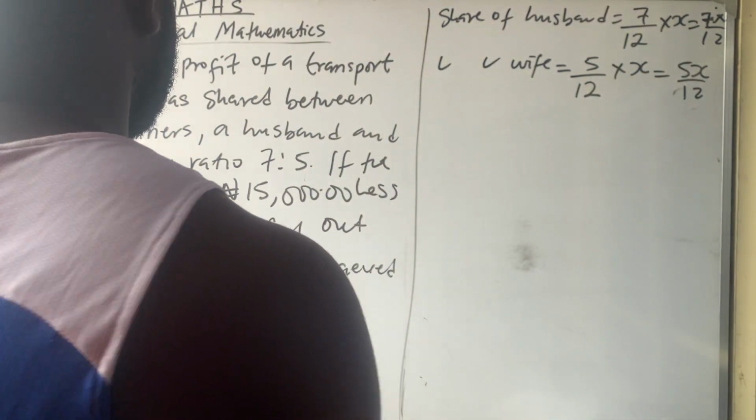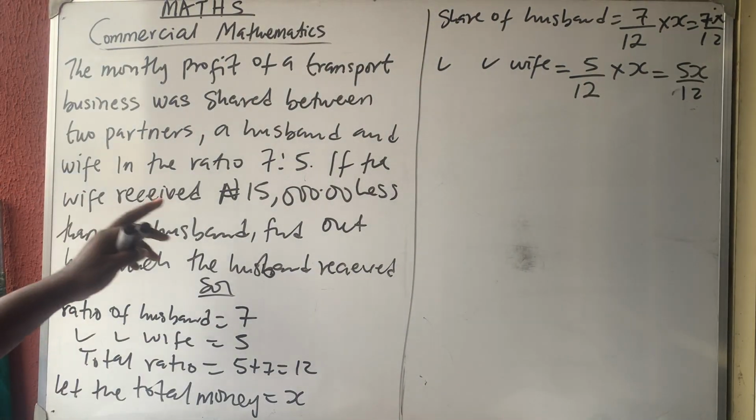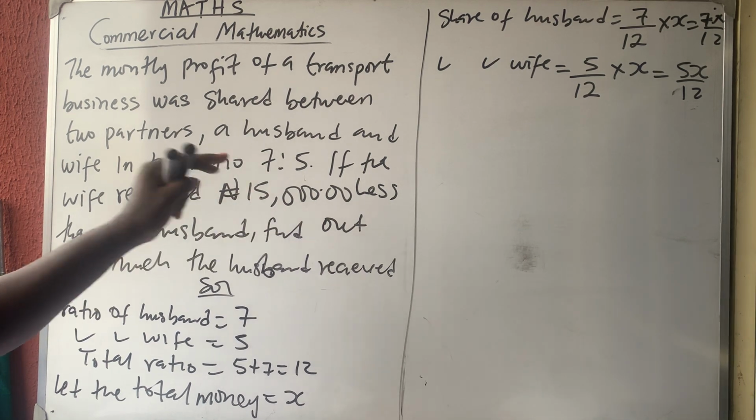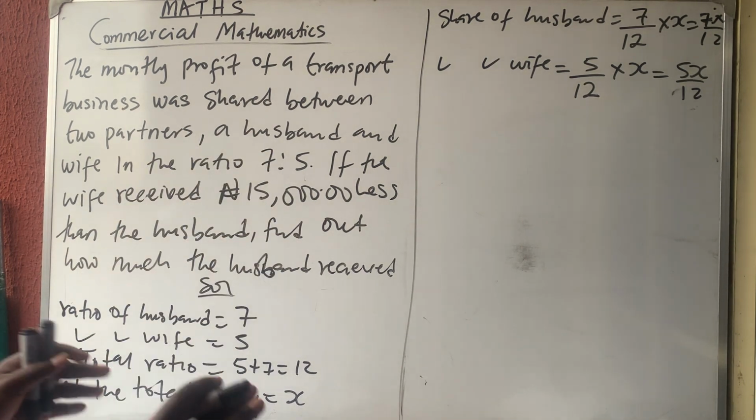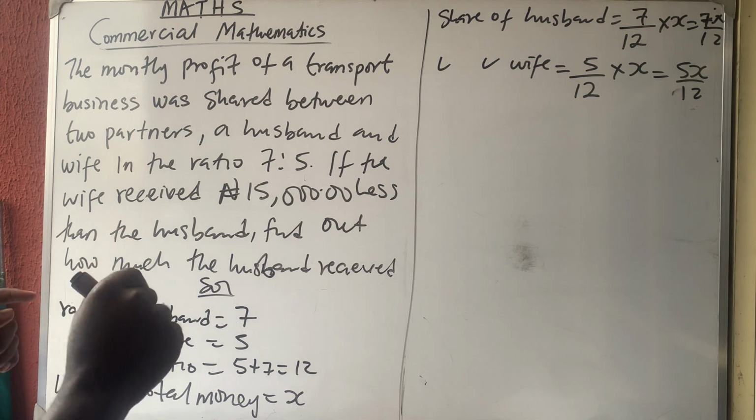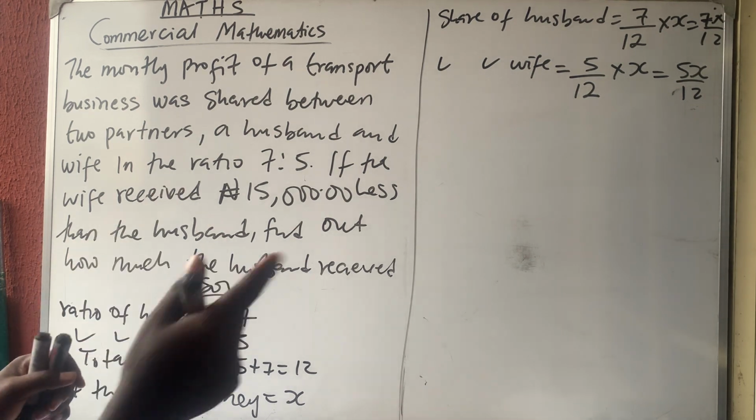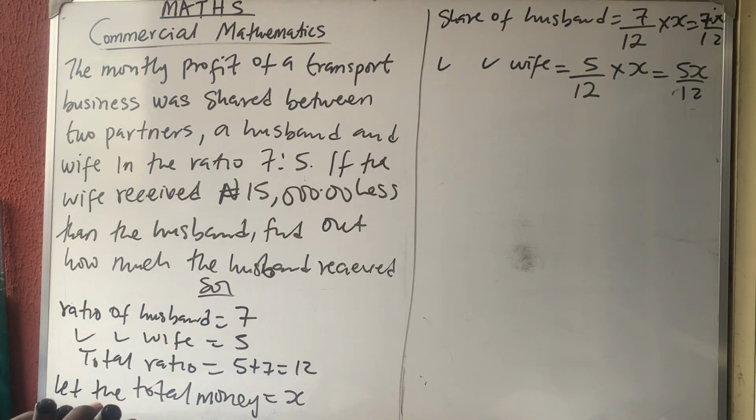Now there is a statement here. They say that the wife received 15,000 less than the husband. So if you want them to be equal, either you add that 15,000 to the wife, or you subtract it from the husband. Any one will give you the same answer.